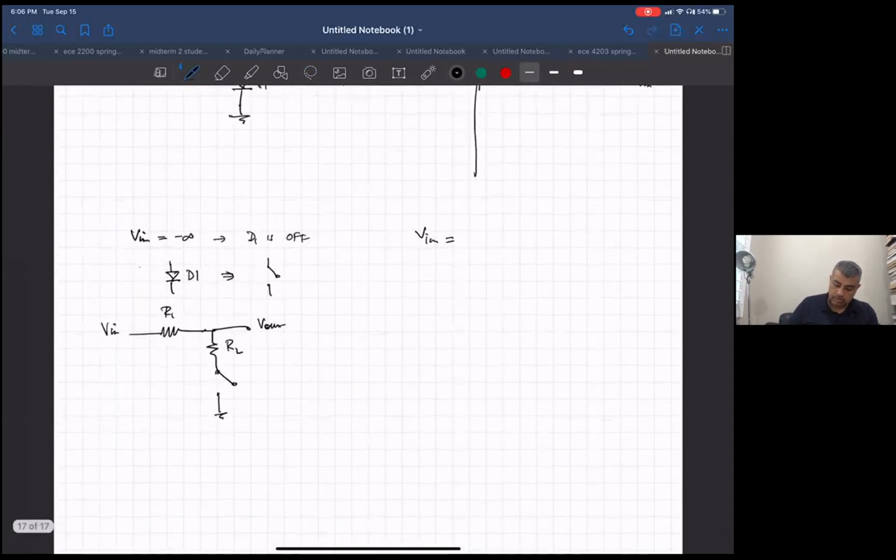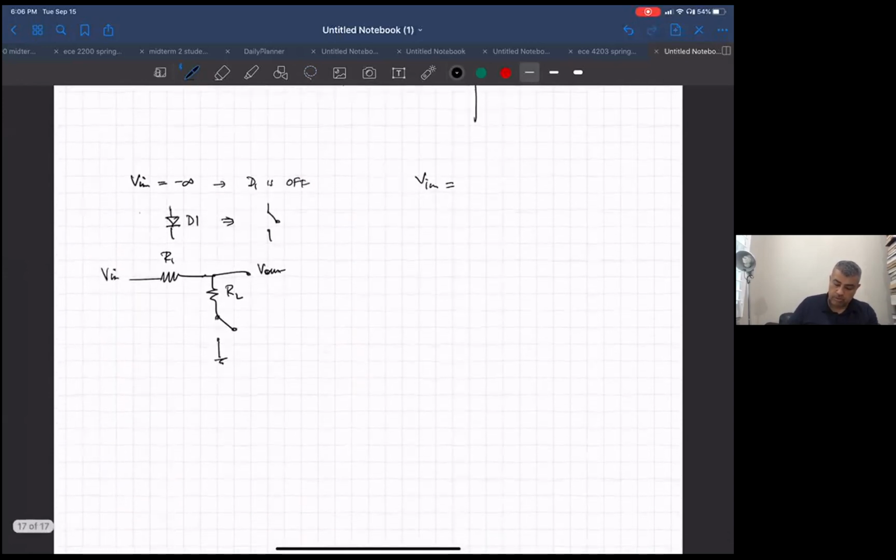Let me see if I can draw the equation for this. It kind of looks like a resistive divider between V out and V in, but notice this is open. So this R is just floating, so it really has no effect. So in this case, when V in is minus infinity, V out is just equal to V in.